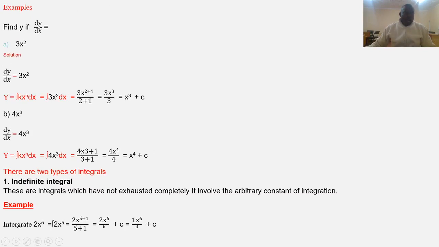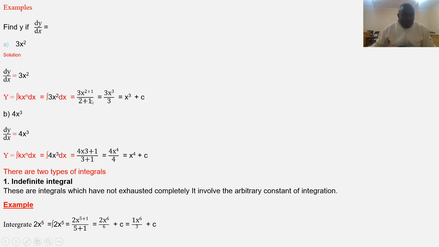Example, find y if dy over dx equals 3x squared. So if dy over dx equals 3x squared, I need y, I'll have to integrate. So y is the integration of 3x squared with respect to x, whereby it will be 3x power 2 plus 1 all over 2 plus 1.